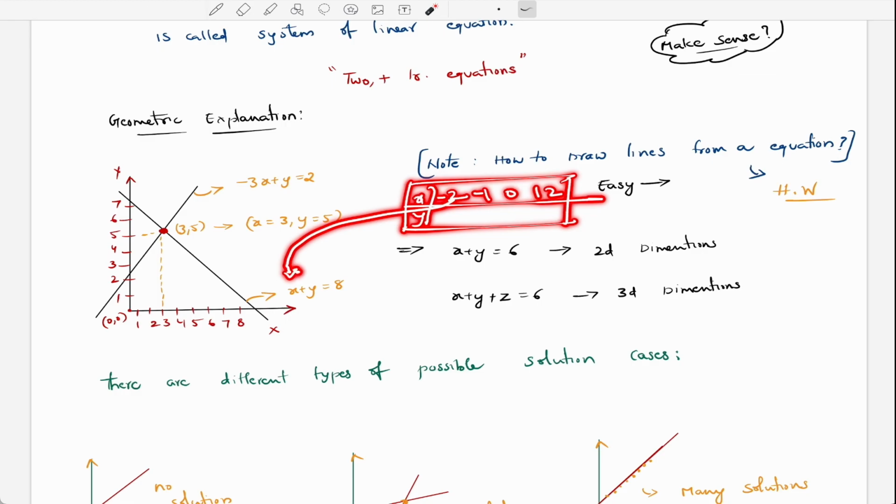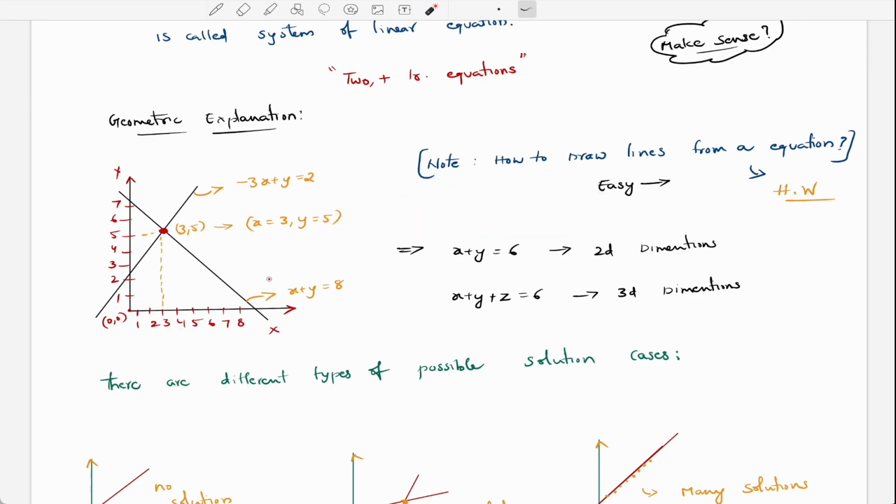We get y is equal to 10. If x is -1, we get 9. If x is 0, then it is 8. If x is 1, then it is 7. If x is 2, then it's 6. So we simply plot this, like we have a 2 and a 4 over there.